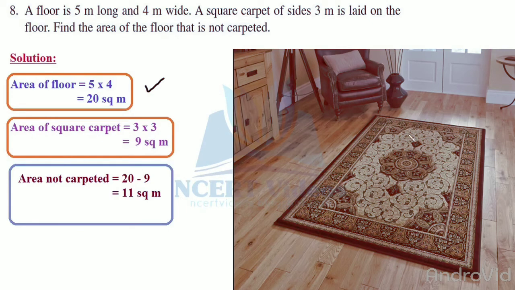Area of square carpet is 3 into 3, that is 9 square meter. This is a square carpet, although it doesn't appear to be in this picture. It appears to be rectangular. So area not carpeted, simply subtracting both the areas. So we get 11 square meter as the non-carpeted area. So this was your question number 8.